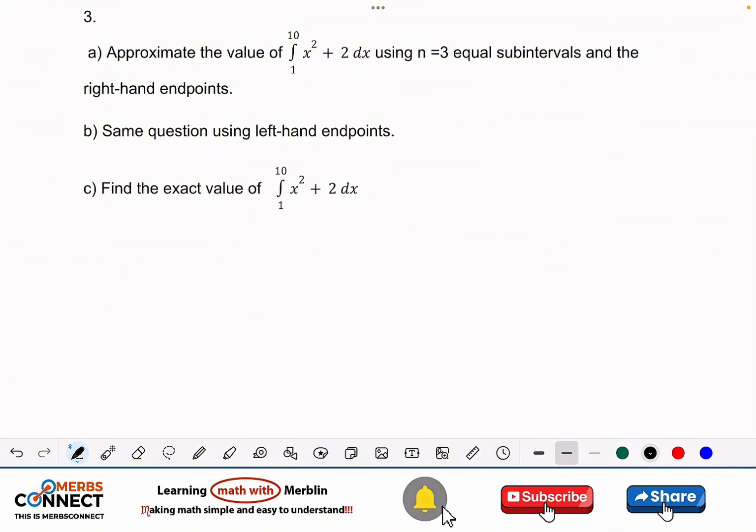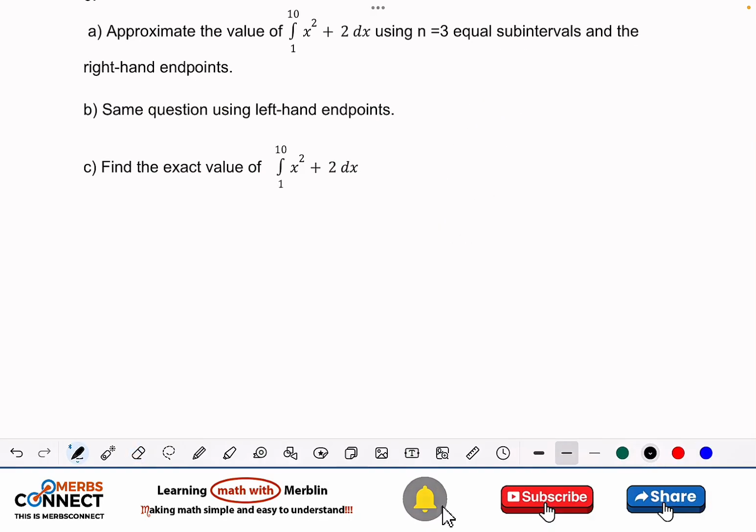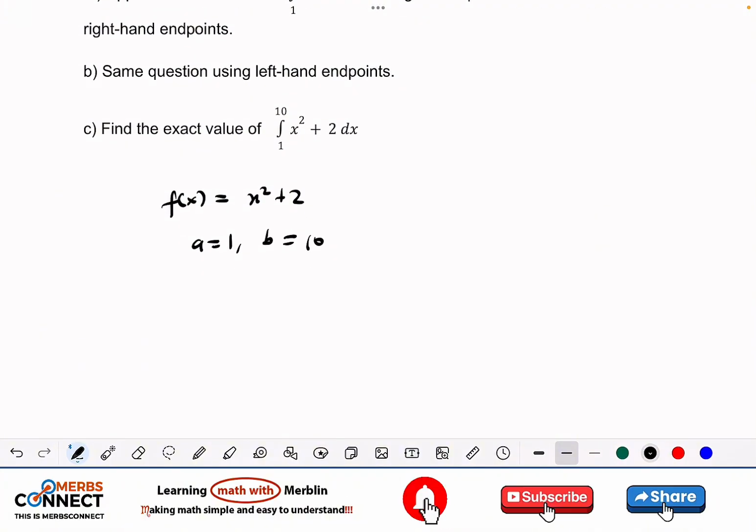The first thing we need to do is pick our f of x. So our f of x will be equal to x squared plus 2, which is here. What is the endpoint here? The endpoints are 1 and 10. So we have a equal to 1 and b equal to 10.